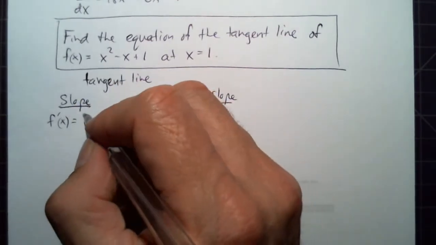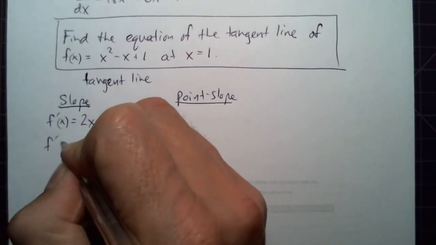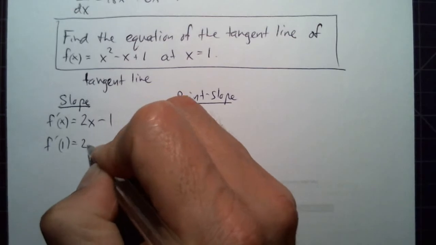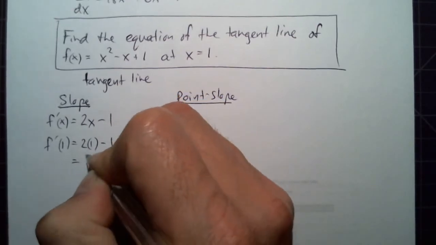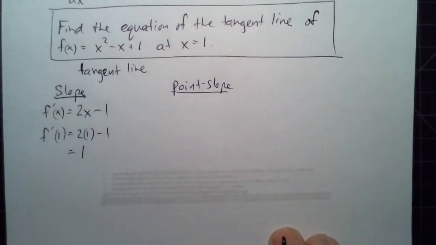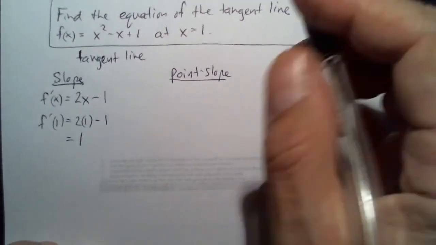So the derivative is 2x minus 1. Now we need to know the slope at x equals 1. Now we have the slope, and we have an x value. We need a y value too.